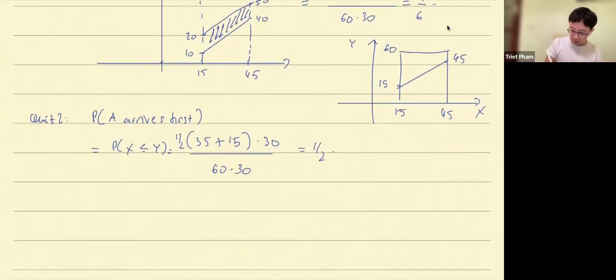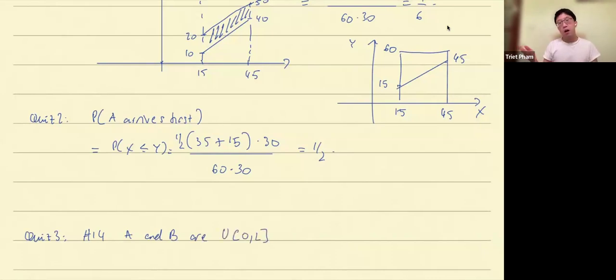So the follow-up question would be, this is question number 14. After you read it carefully, it talks about an ambulance and an accident location, which are uniformly distributed along a road of length L, and they're independent of each other.